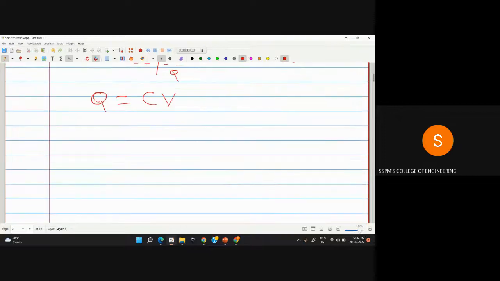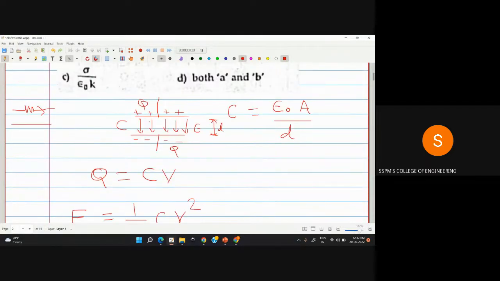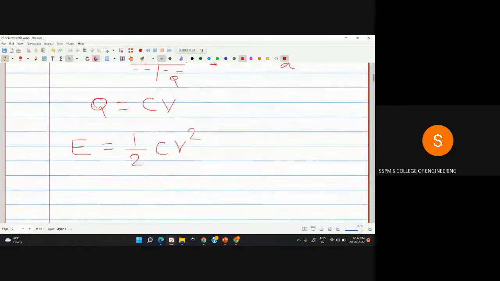And you know the capacitor is an energy storing element. The energy stored in the capacitor can be defined as half into CV square, isn't it? Half into CV square. So that is the equation for energy stored. Now, what is C?